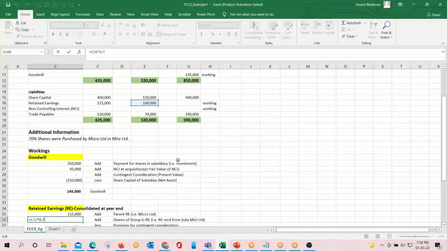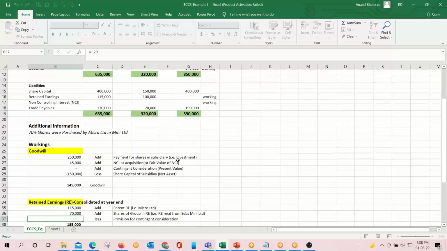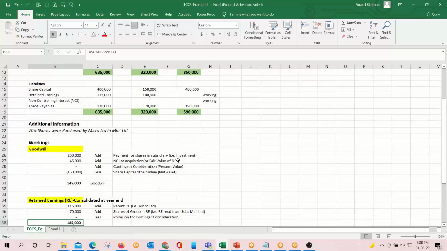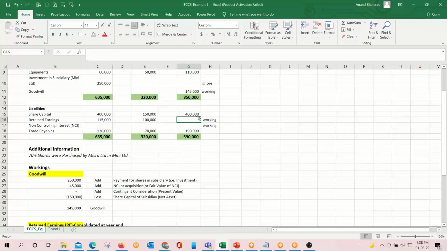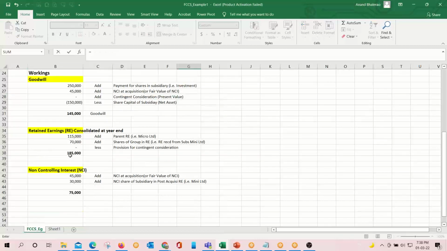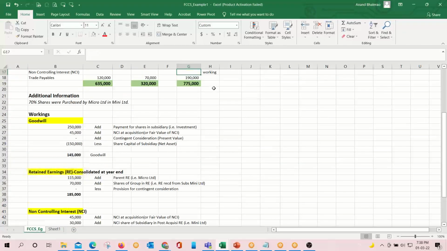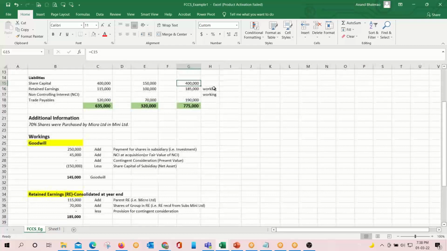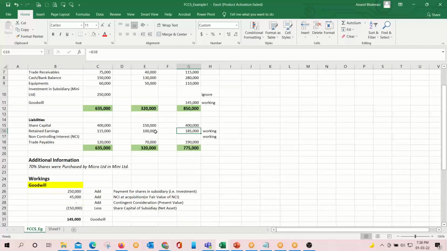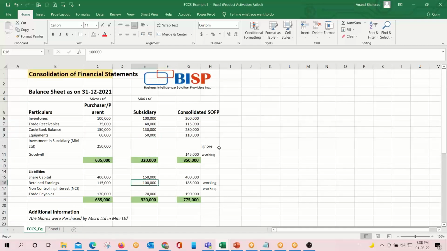So it comes to 70,000, that is 70% of 1 lakh. The total comes to 1,80,000. Retained earnings, in common language, is the profit for a company: the profit which we own as a parent company and which we acquire from our subsidiary. This comes to 1,85,000.